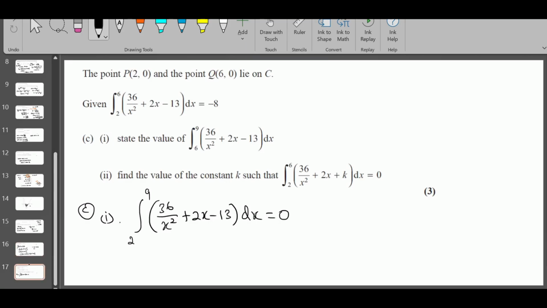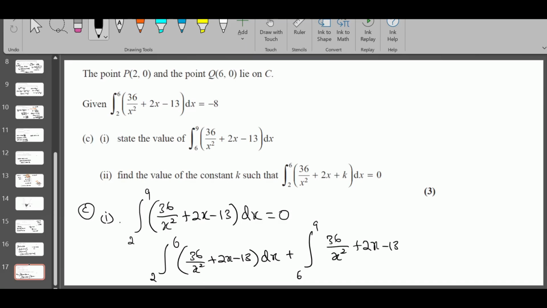You can split the integral into integral 2 to 6 of this function dx, plus integral 6 to 9. You are allowed to split this way. So 36 over x square plus 2x minus 13 dx is 0. Right? And we know this value is minus 8.